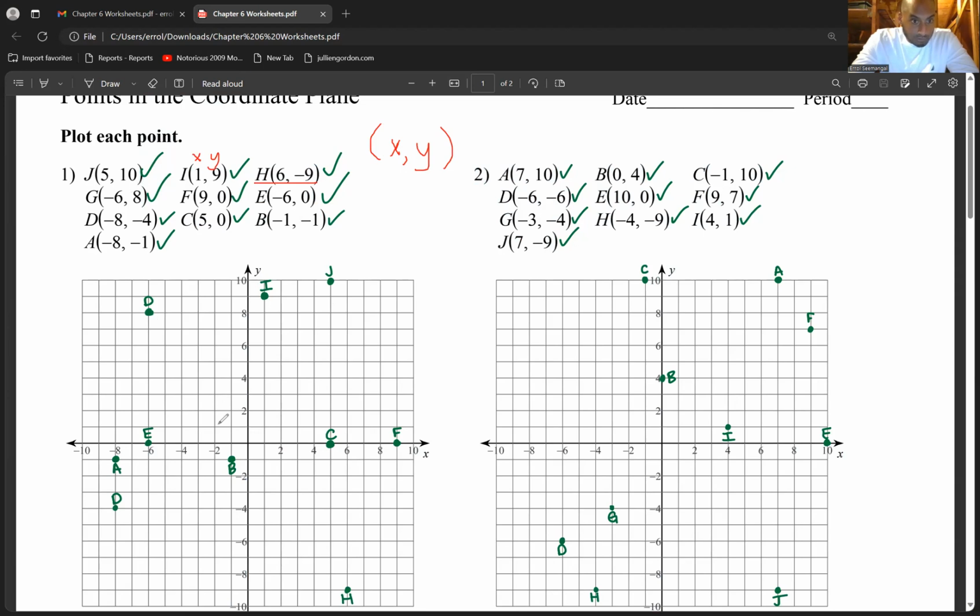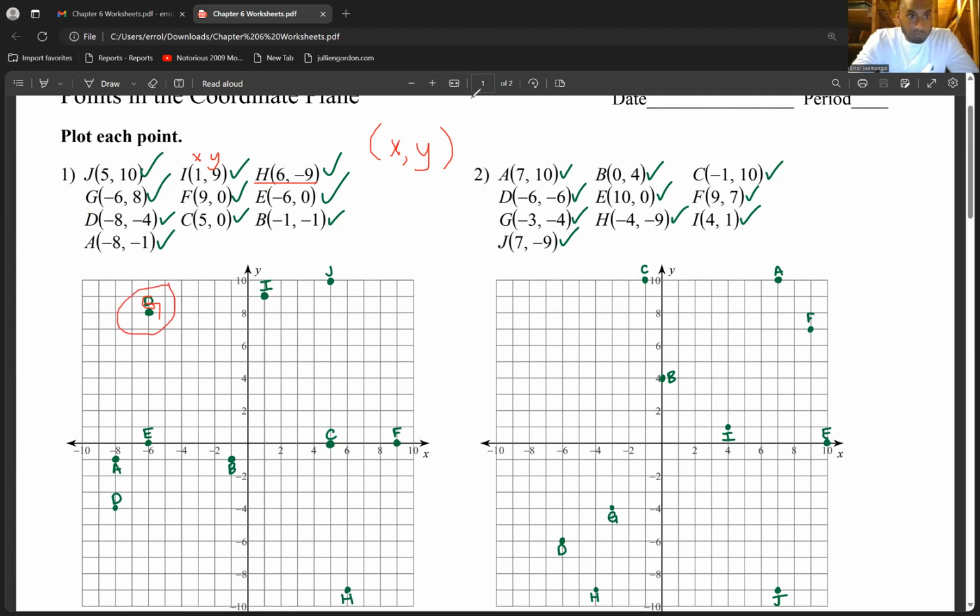G, where is G? G is (-6, 8). This should be G. You labeled it as D. See this one right here?